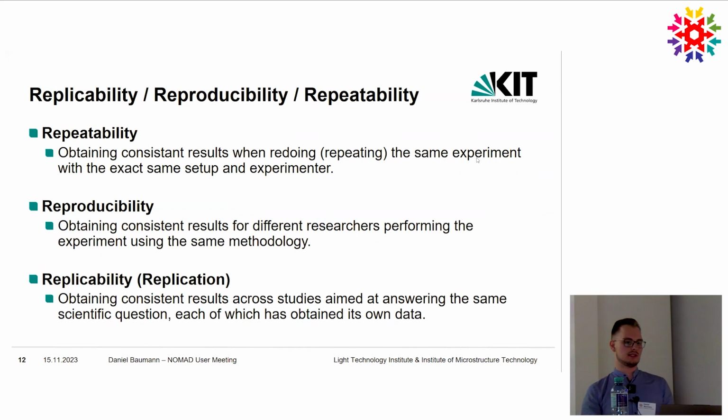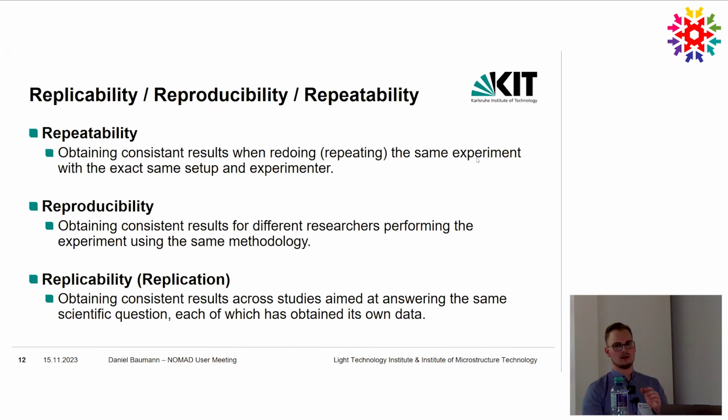Replication, reproducibility, and repeatability are words that are often used interchangeably, and I want to maybe highlight and stress this once more, that you are aware and use them properly. And they are kind of ordered in a hierarchical way.